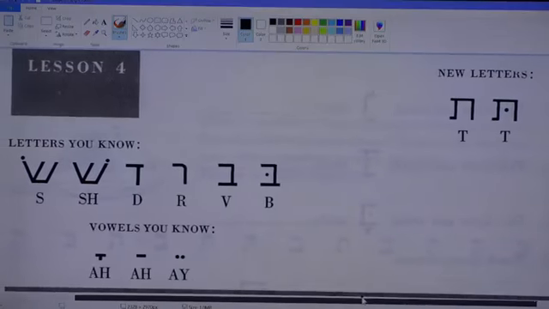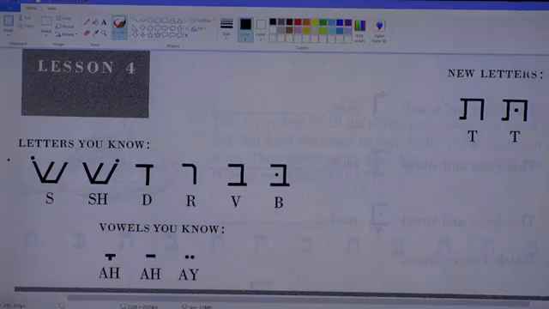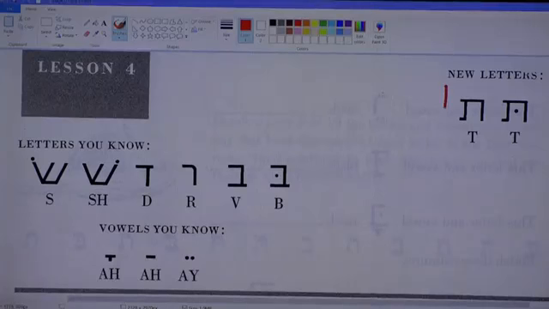Page 7 gives us the above-the-bar stuff, and we have our new letters, our tavs.